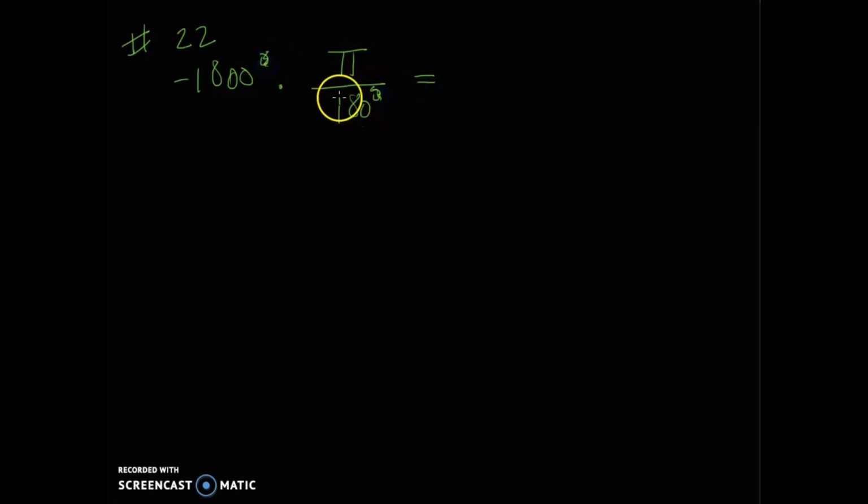And now we've got to do some reducing. Remember, we're supposed to leave this in terms of pi, so don't touch the pi. But this 1800 divided by 180, there's one more 0 here, right? So if we take a look at that, and maybe we can do this so we can get our 4 steps. 180. So that 0 cancels with the 0, and the 18 cancels with the 18.